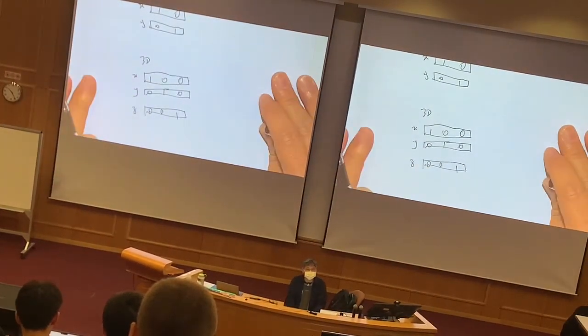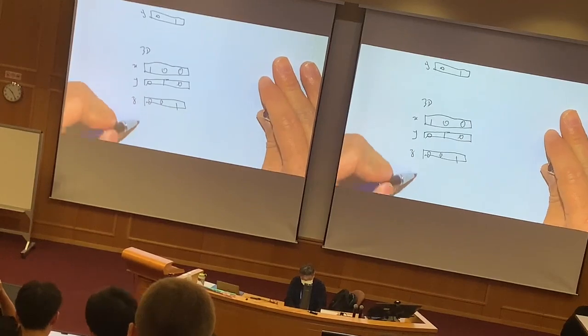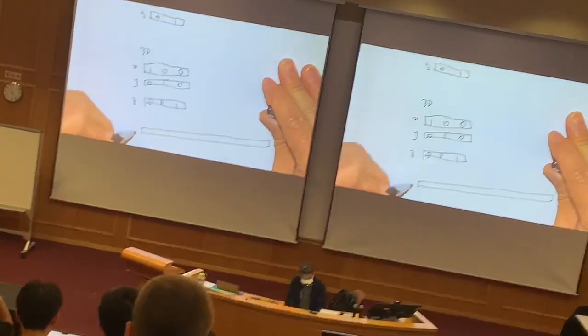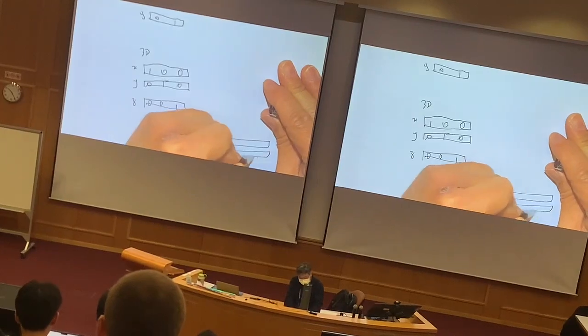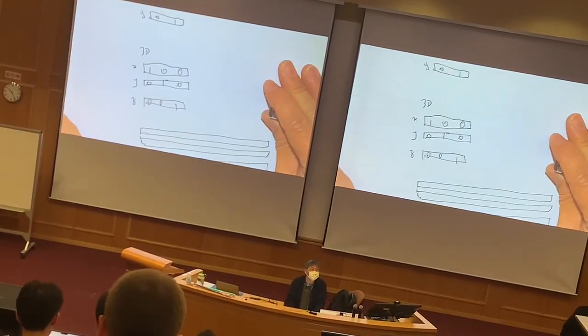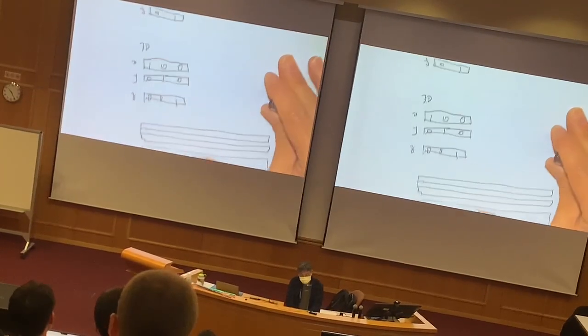Now for the 1000-dimensional case, how many basis vectors are there? 1000, right? So you have 1000 of them.